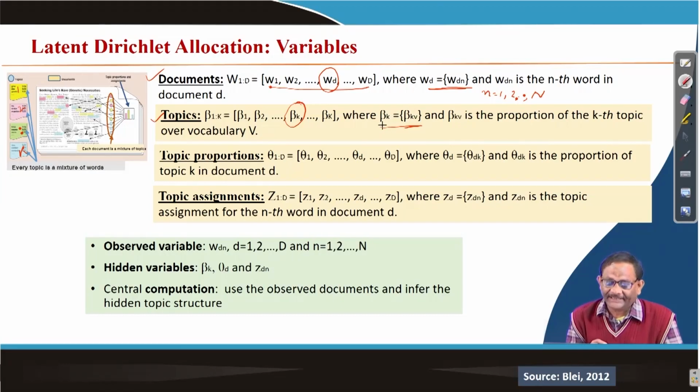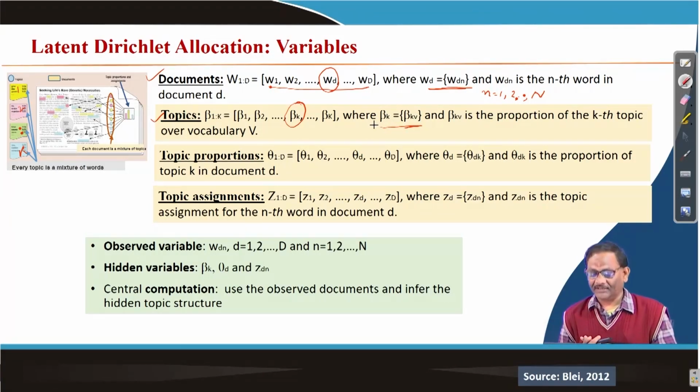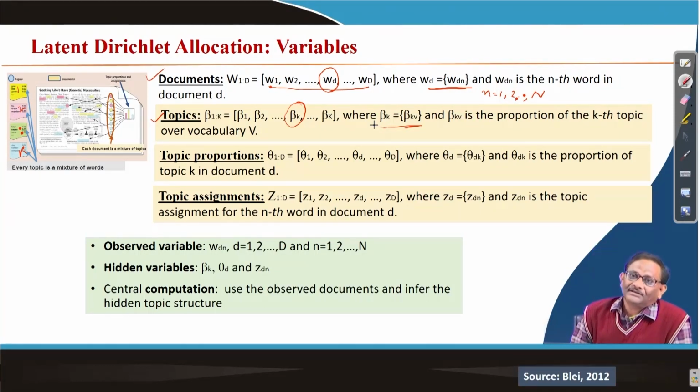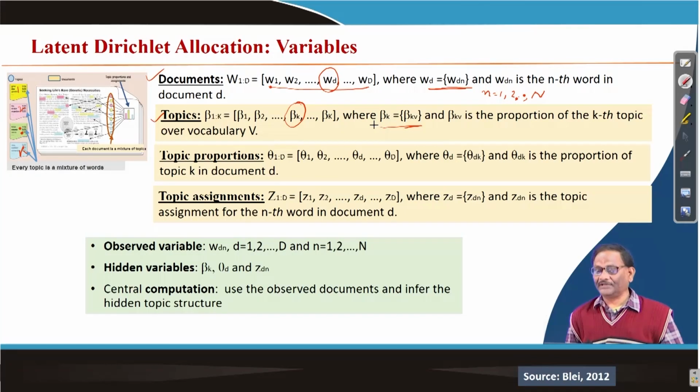So we can say that beta_k is basically a matrix where, when we are talking about the kth element, it talks about the words, and if you create an assignment over the entire vocabulary, which are the words that are assigned, so 1 0 kind of.